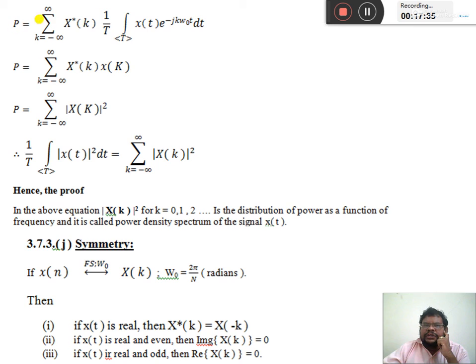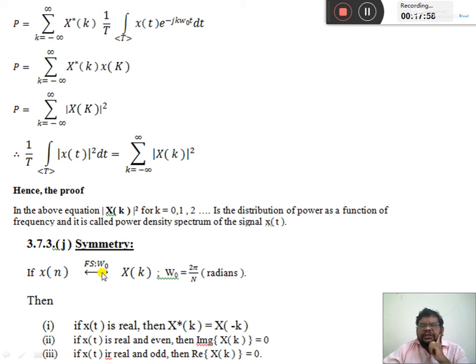So the conjugate of x of k times x of k is nothing but the magnitude of x of k squared, or the absolute value of x of k squared. This means that we have proved that the integration of the square of the time domain signal is equal to the summation of the square of the frequency domain coefficients for all k.